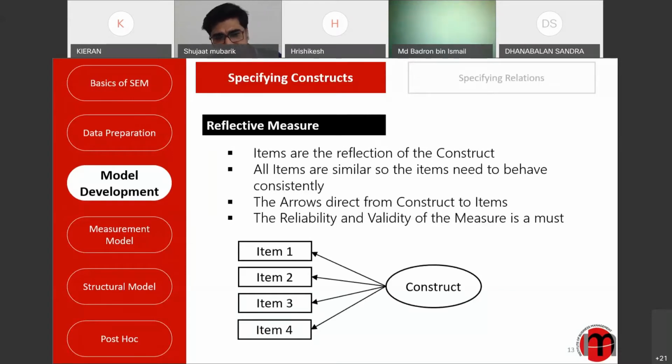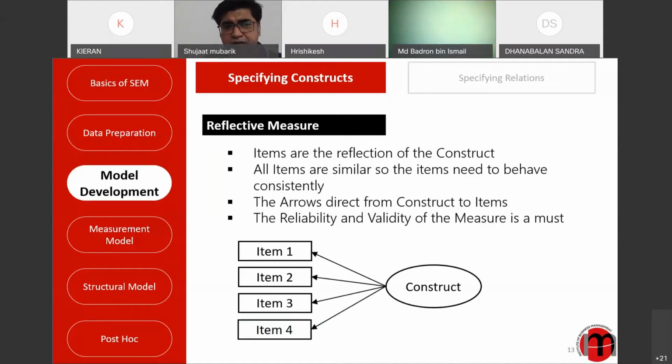Before telling you about the various reliabilities and validities, to quickly share with you, this is a construct with four items, which is called a reflective measure or a reflective construct.